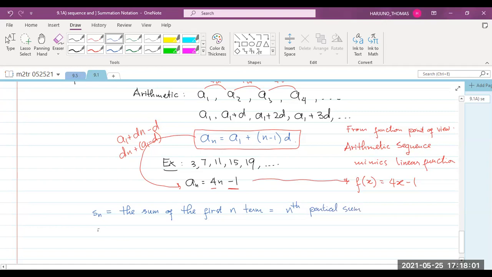S sub n, the nth partial sum, basically means a sub 1 plus a sub 2 plus a sub 3 all the way to a sub n. So the nth partial sum, if we write it using summation notation, is the sum of the first n terms. I think I want to use k here, with k from 1 to n.